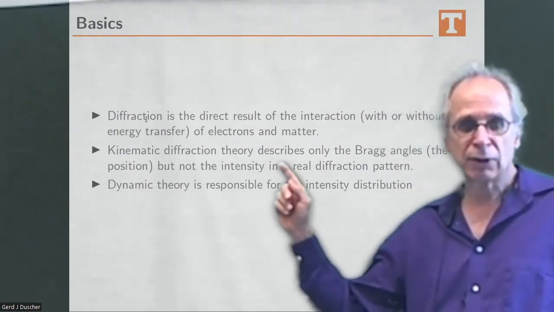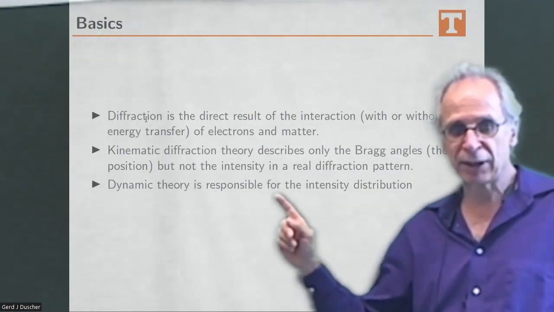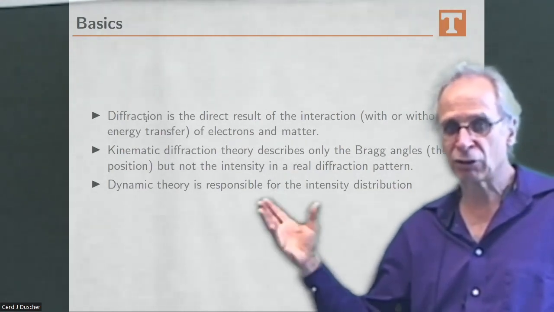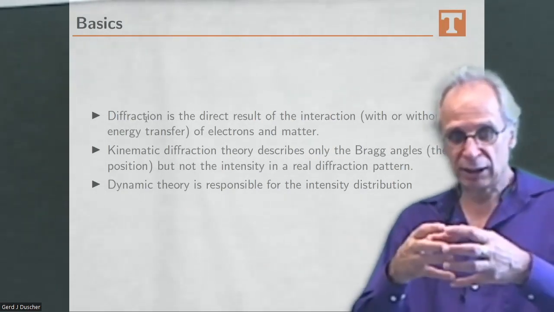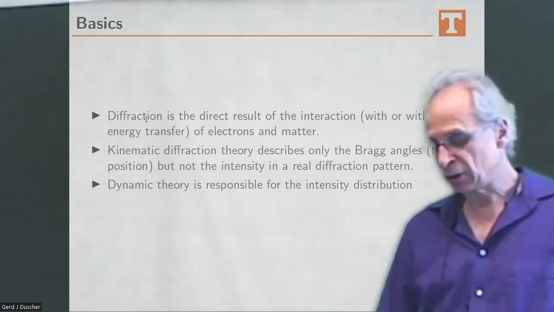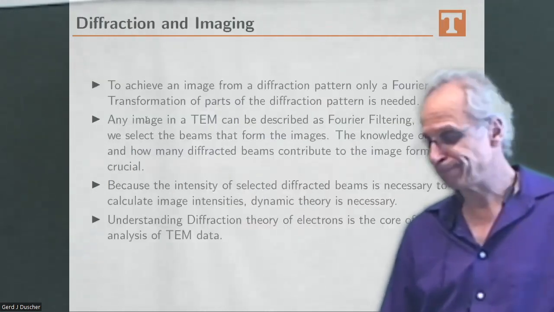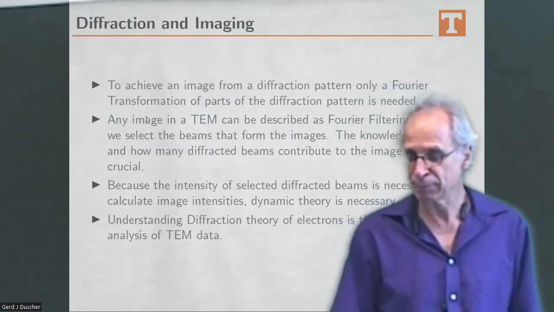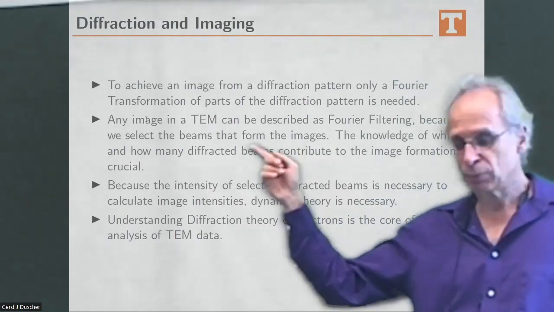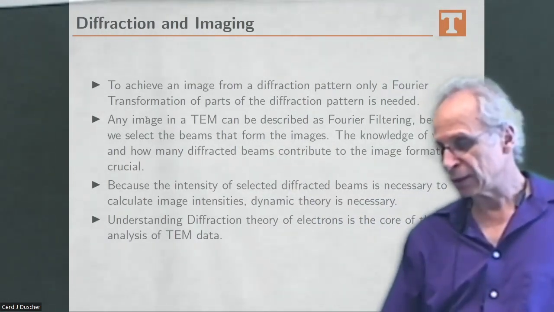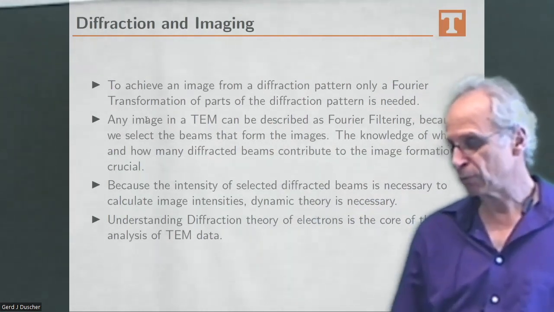So the position is okay. The dynamic one will show us what kind of intensity we have within a disk or within a single spot, doesn't matter. It's an angle-dependent thing. So we go with Fourier filtering.